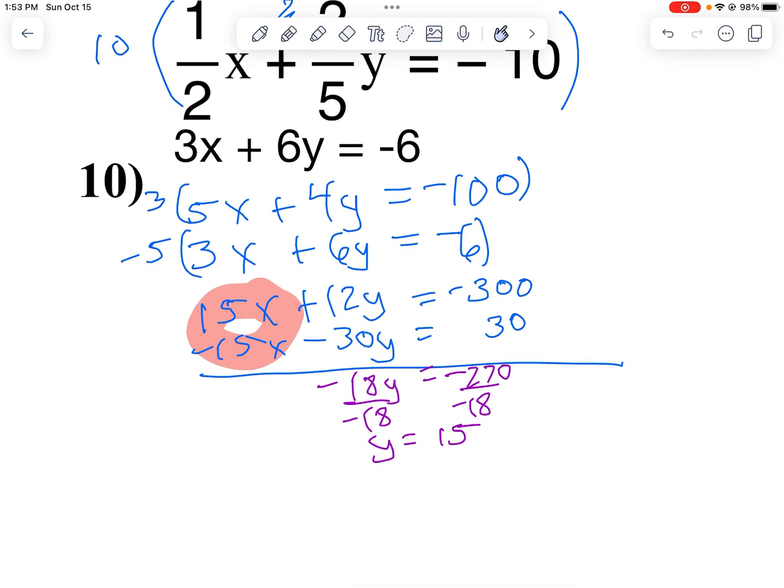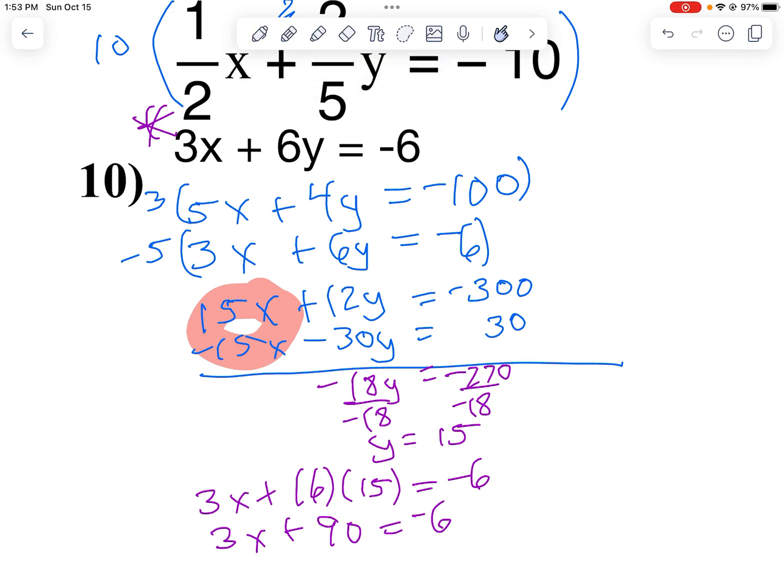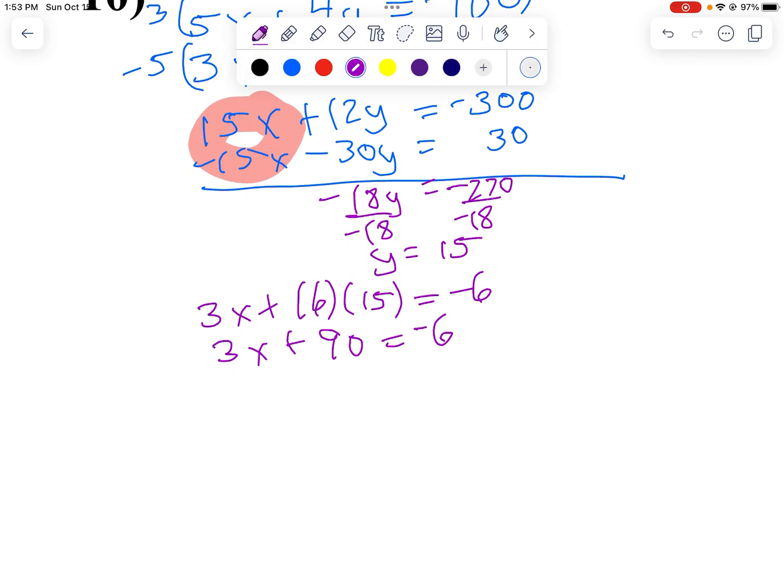Now let's go back and find x. And I think I'll use my second equation. So we're going to say 3x plus 6 times 15 equals negative 6. Now that'll be 3x plus 6 times 15 is 90 equals negative 6. I will subtract 90 from both sides.